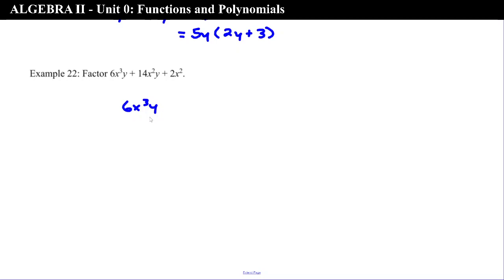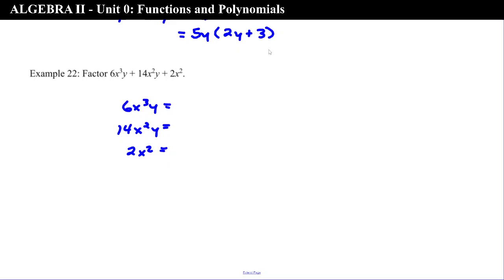We have 14x squared y. And then we have 2x squared. And we're going to find out what our common factor is, what our greatest common factor is.